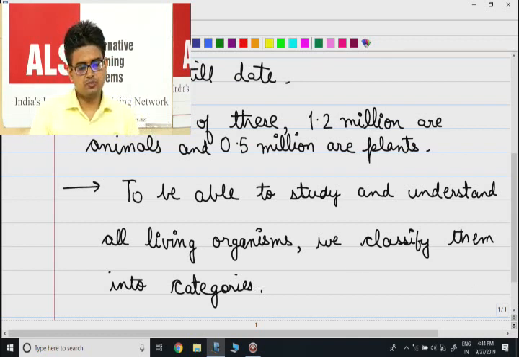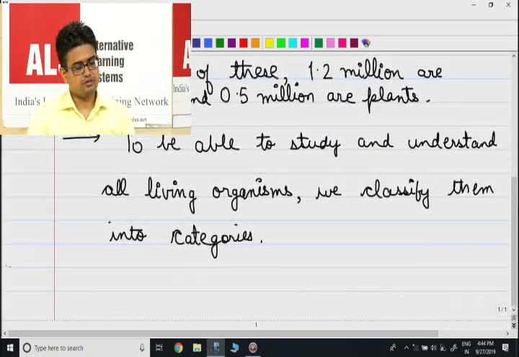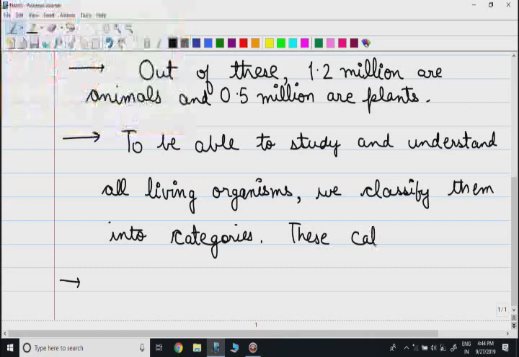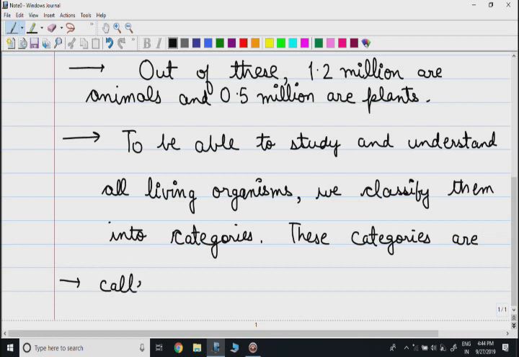And Linnaeus was the first person who suggested this way. These categories are called taxa. And Carolus Linnaeus is called father of taxonomy.